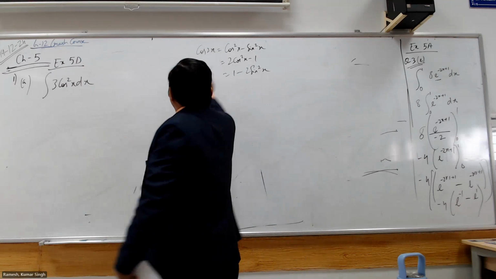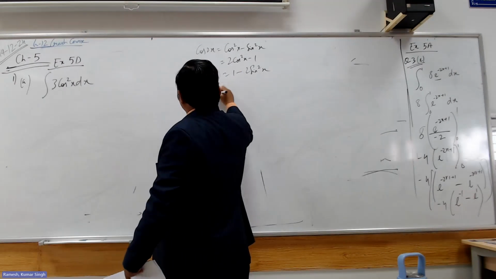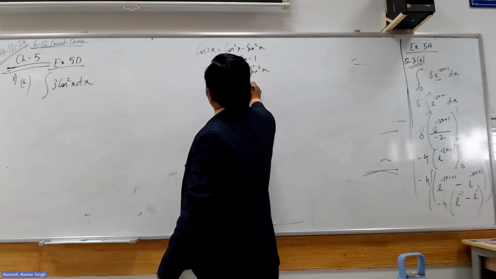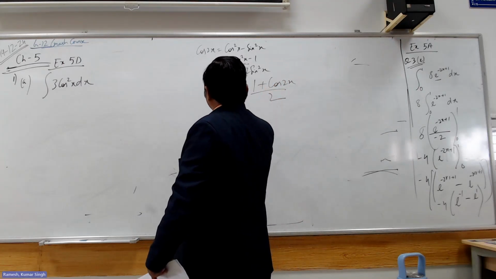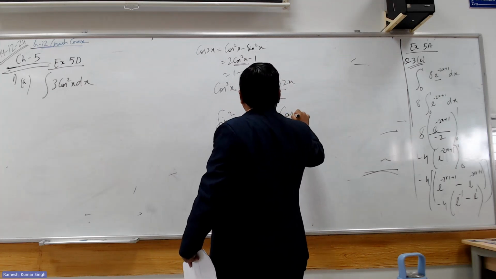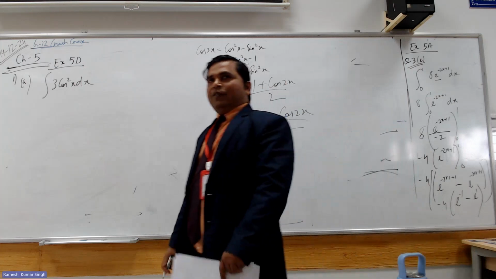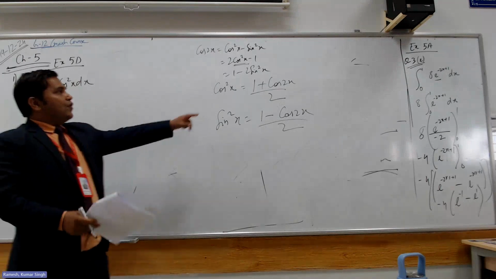Right? And I remember I told you that we're going to use the result in integration. So from here, cos square x can be written as 1 plus cos 2x over 2. Sin square x can be written as 1 minus cos 2x over 2. So whenever we have to integrate cos square, we're going to use this formula.